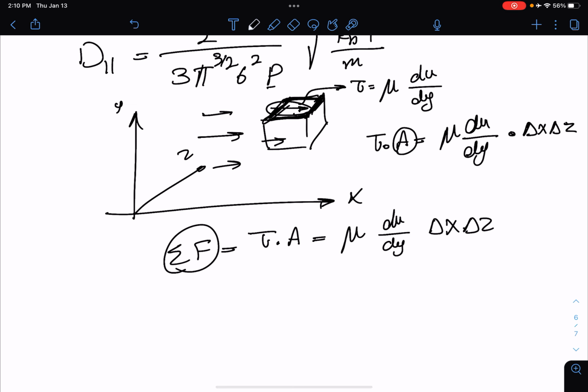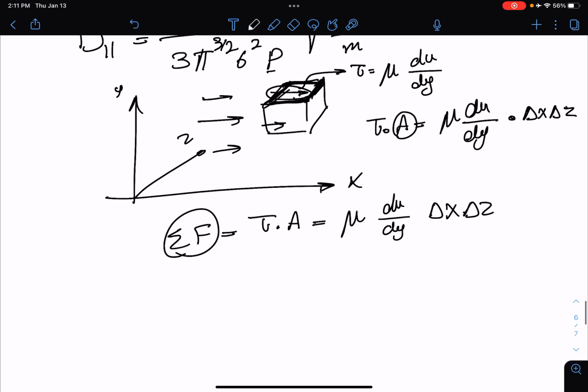What can we say about this right-hand side? What is force equal to? Net force. Mass times acceleration. Exactly.